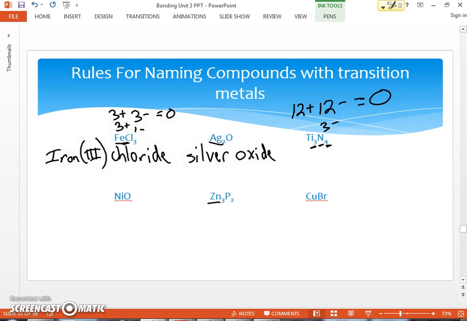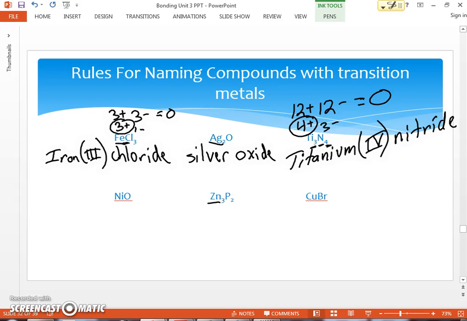But I have 3 of them to make that 12 positive charge, so each of them has to be 12 divided by 3, which is 4 plus. So I'm going to use this number for my Roman numerals, much like I used this number for my Roman numerals in iron. This is going to be titanium 4, and then nitrogen is going to become nitride.